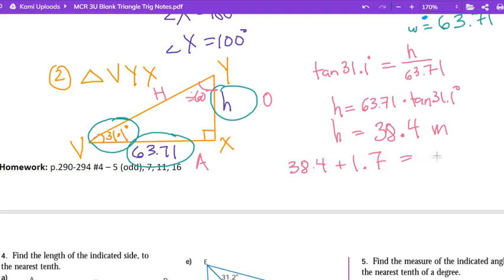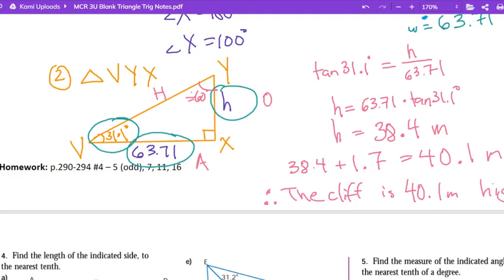That machine was 1.7 off the ground. So that makes it 40.1 meters. Therefore, the cliff, right? Oh, yeah, we're measuring the height of the cliff is 40.1 meters high. Yeah, approximately. Thank you. I do that on purpose so that you have to remind me.